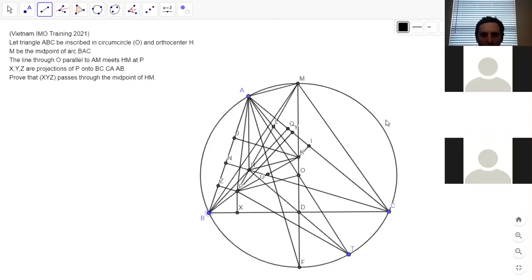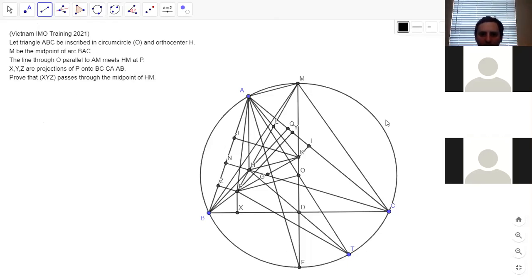Just keep using the similar quadrilaterals to calculate AQL. It is equal to ZXP. So ANL and AQL are the two angles, right? So we need to prove they are equal.